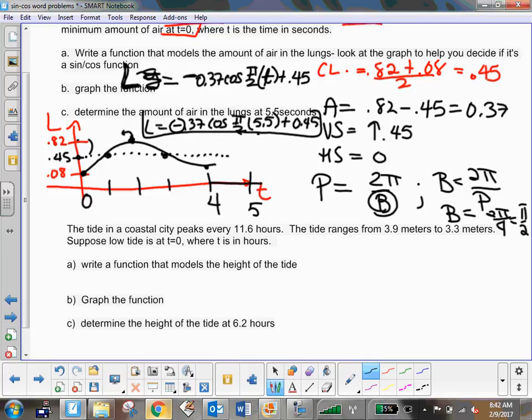So do pi over 2, enter, times 5.5, enter. That's like 8.639. Y'all get that? Now take the cosine of your answer and multiply it by negative 0.37 and add 0.45. You get 0.711.